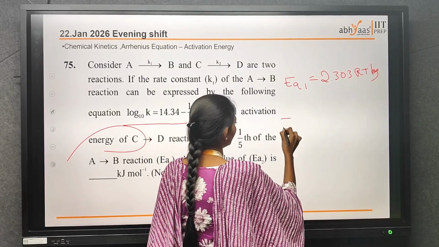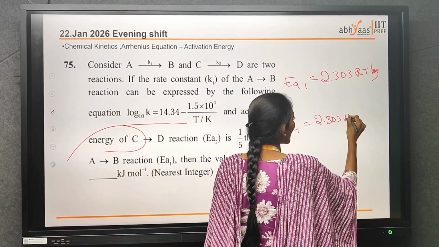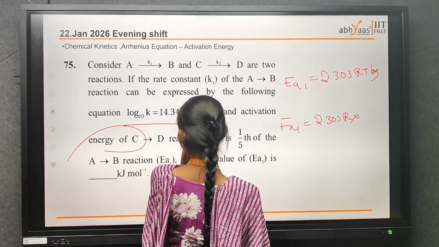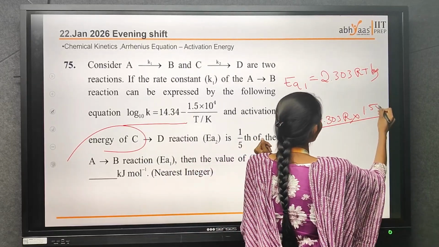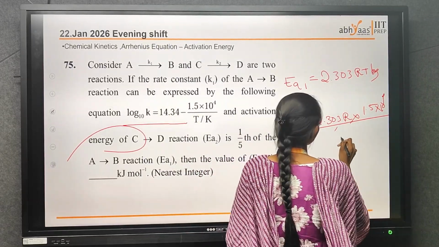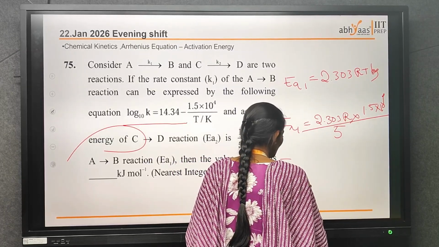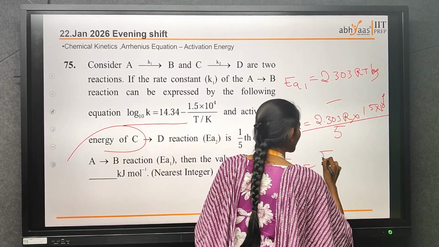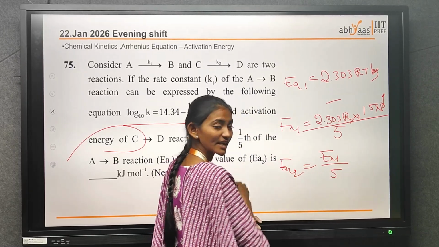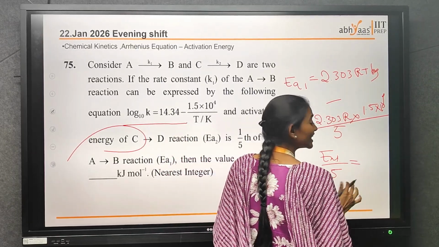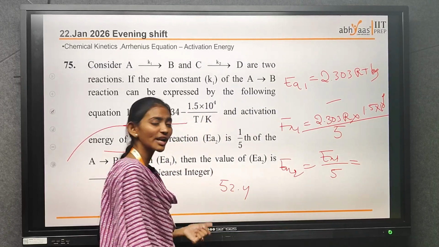Here Ea1 equals 2.303 R and the temperature they have given, applying 1.5 into 10 to the power of 4. So this will be your Ea1. Moving on to activation energy 2, with Ea1 by 5. Apply this one and calculate with Ea1 by five. Then you will get the nearest integer, which is 52.4. That will be your answer.